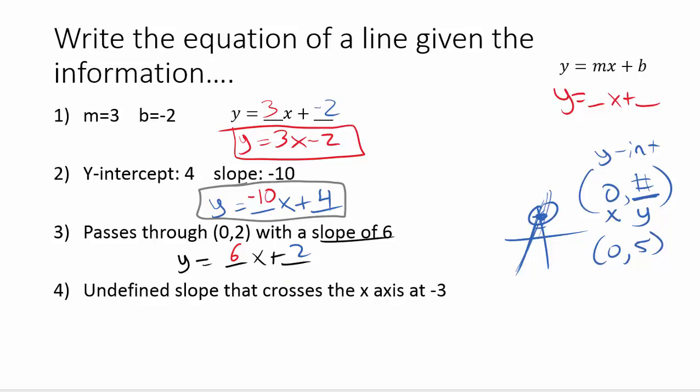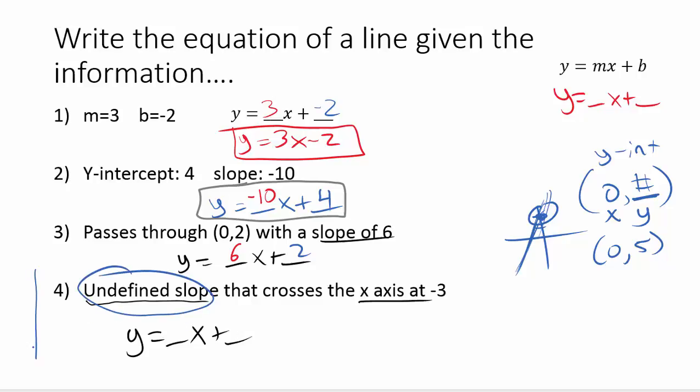Now, one more to go. This one's a little bit different. It has an undefined slope that crosses through the x-axis at negative 3. This is the one type of problem where if you try to write it as y equals blank x plus blank, you're going to have problems, because this is a special type of line. Remember lines that have undefined slopes? They go straight up and down like this. The equation of these lines looks a little different than the slope-intercept form.